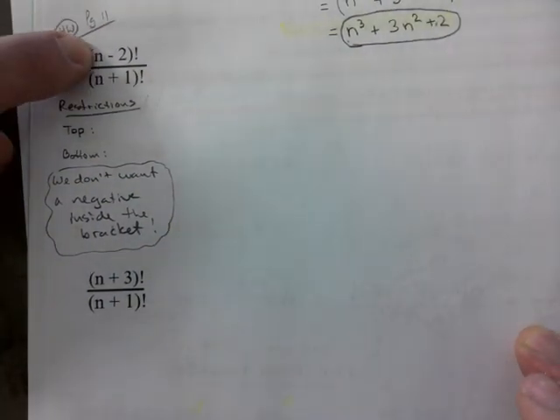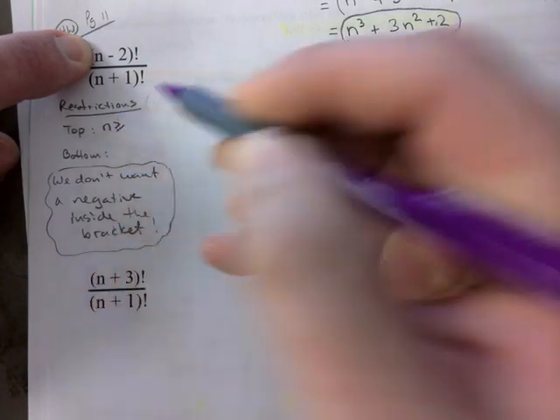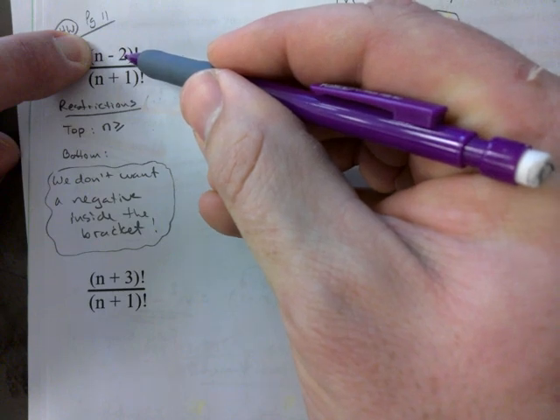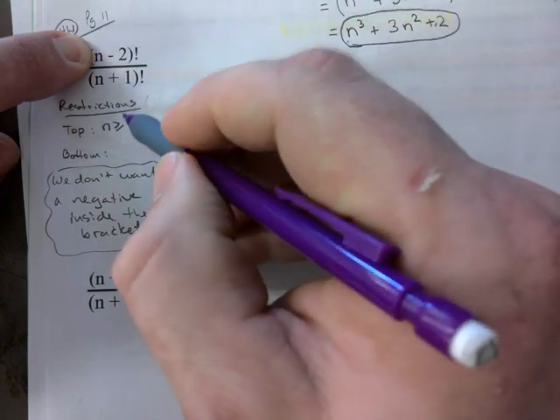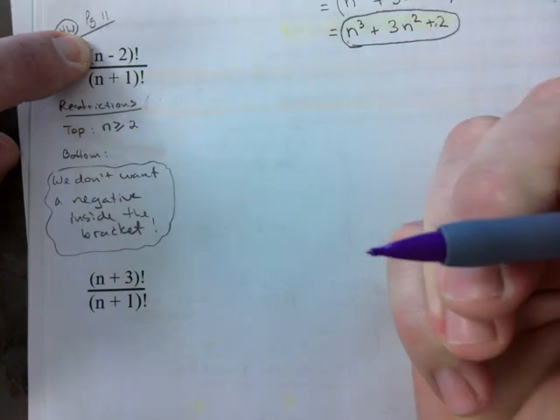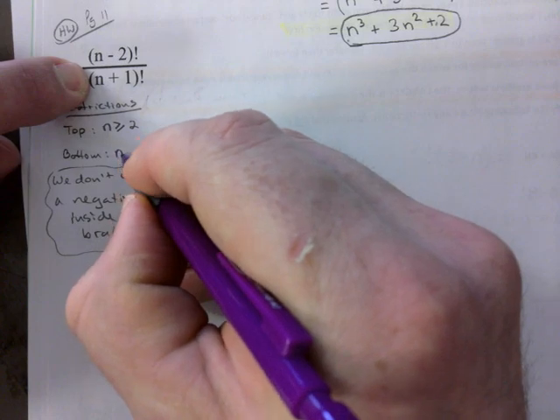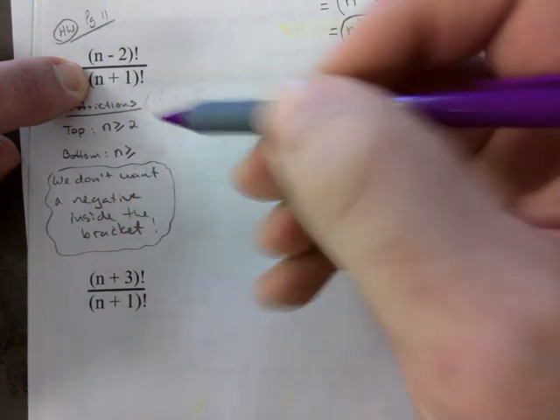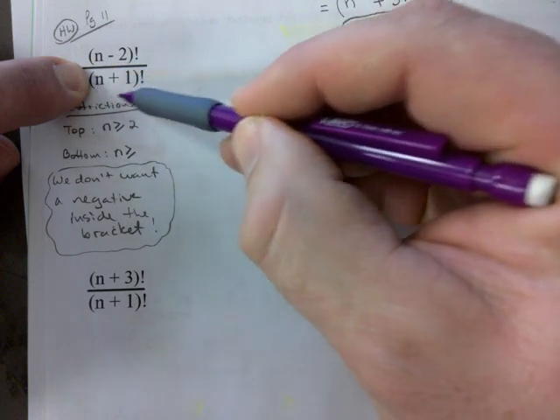So you go to the top, and what I always tell my students is just make sure this thing is not a negative. For you to be able to achieve that, you need to say that n has to be 2 or greater. Then you go to the bottom here. n has to be greater than or equal to... what makes this exactly 0 right now?